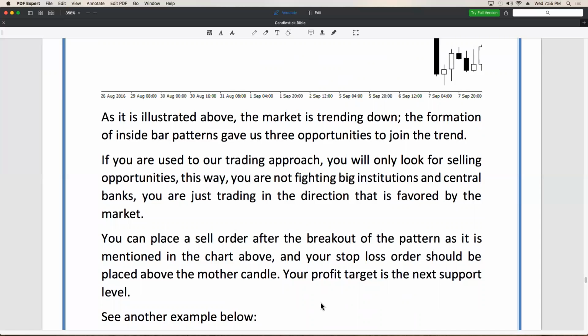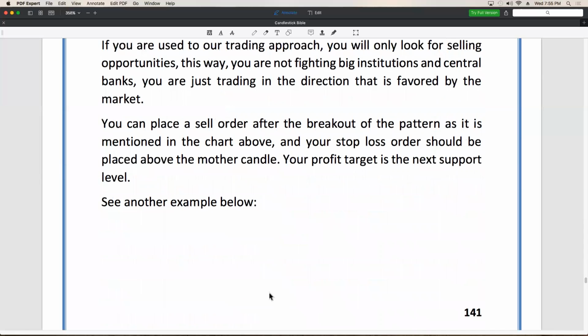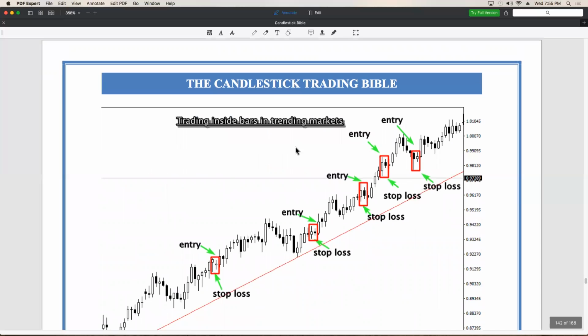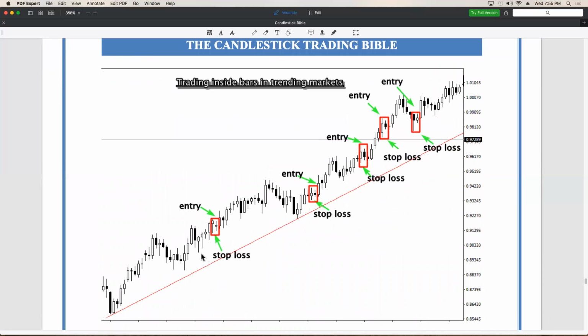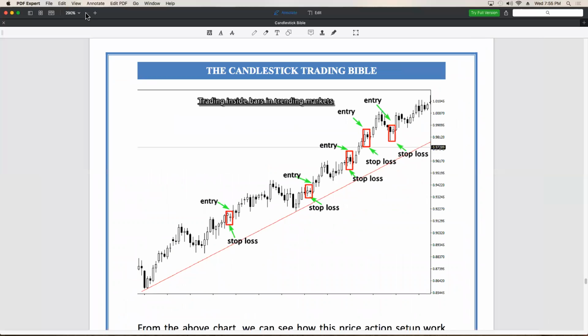And your stop should be placed above the mother candle. Above the mother candle. Your profit target is the next support level. Let me see another example of that. Trading inside bars in trendy markets. Okay, let me blow it up.